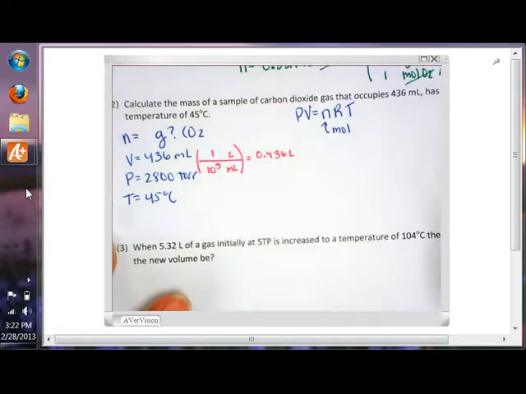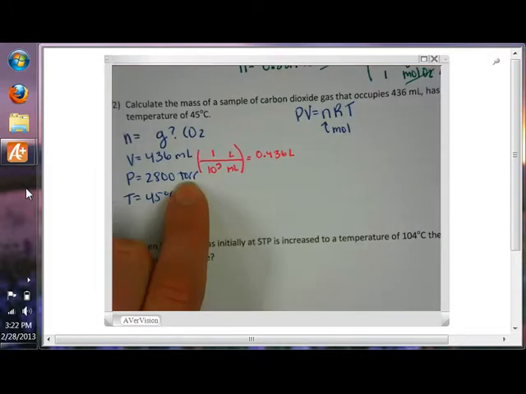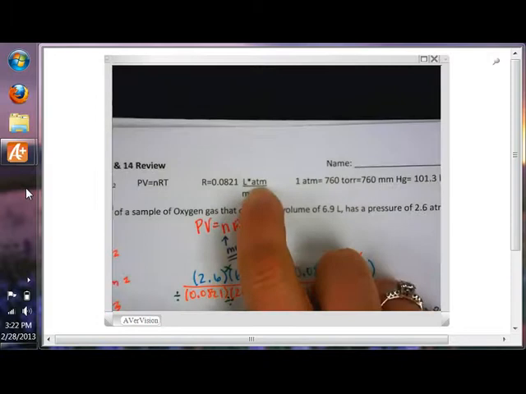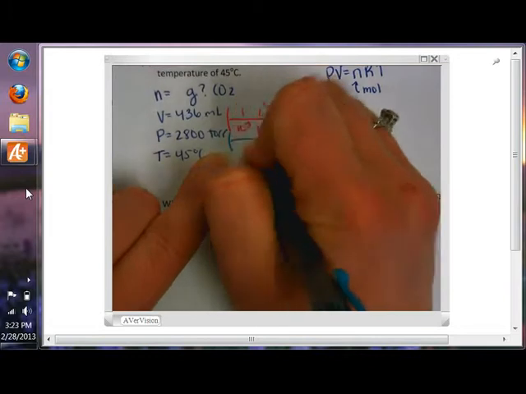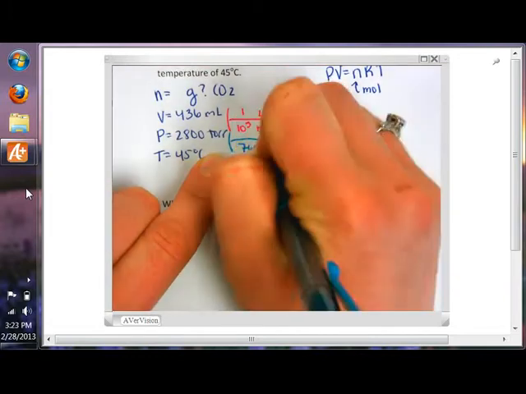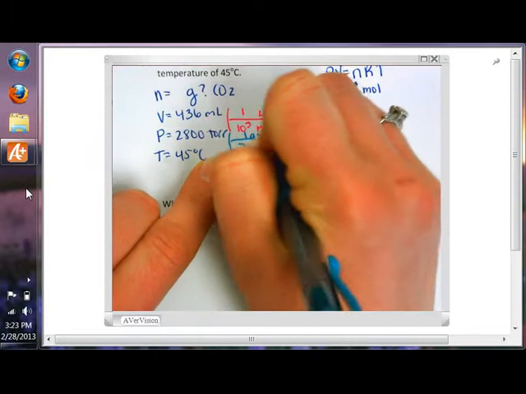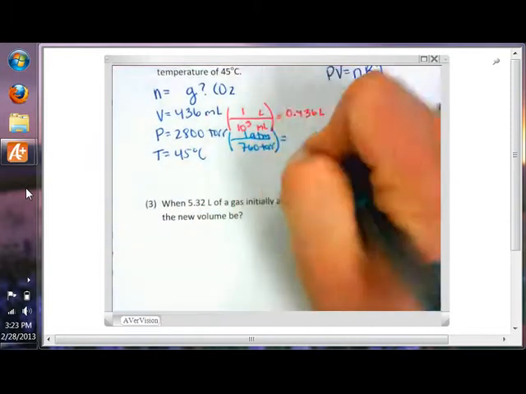The next thing I'm going to do is look at my pressure. I'm in torr here. I have to be in atm, so I'm going to convert it to atm. For every 760 torr, there's 1 atm. And that gives me 3.6842 atm.